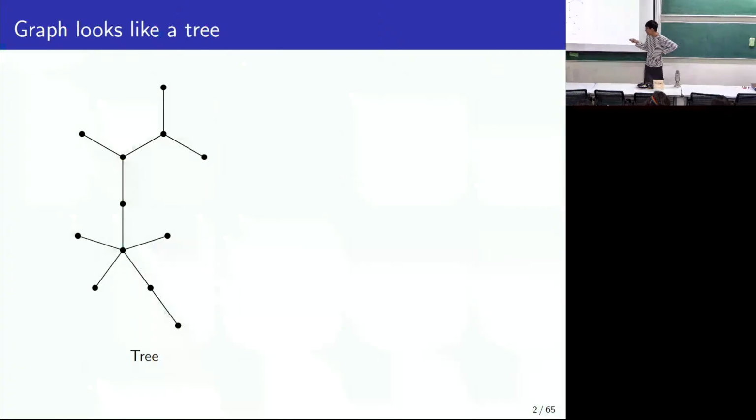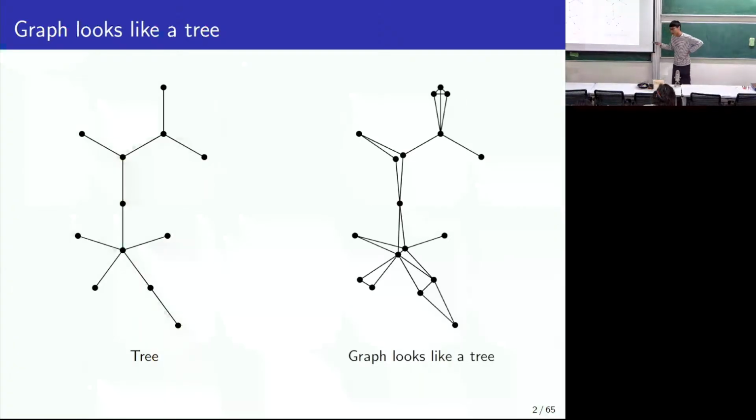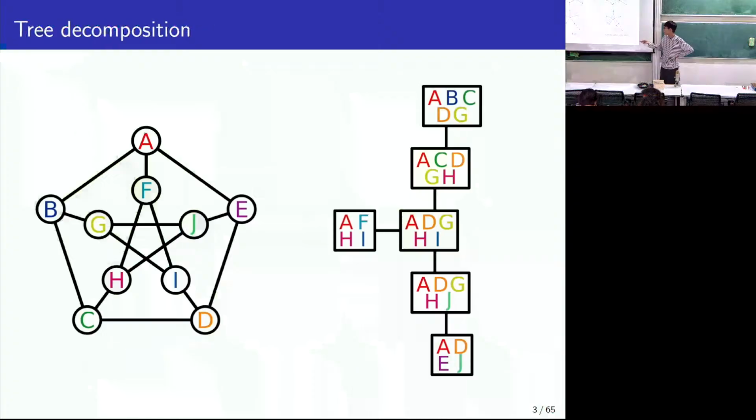For a similar reason, we like graphs that look like trees. These kinds of graphs are called graphs with bounded tree width, and they've been studied in thousands of papers over the last decades. So I will explain more about tree width.